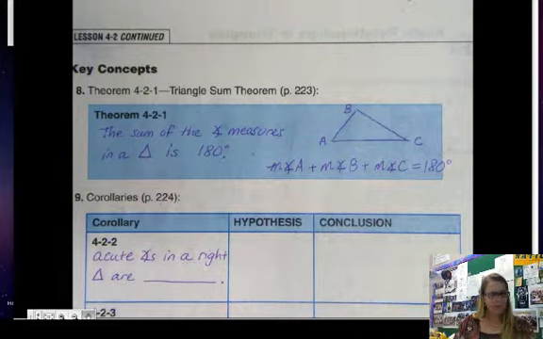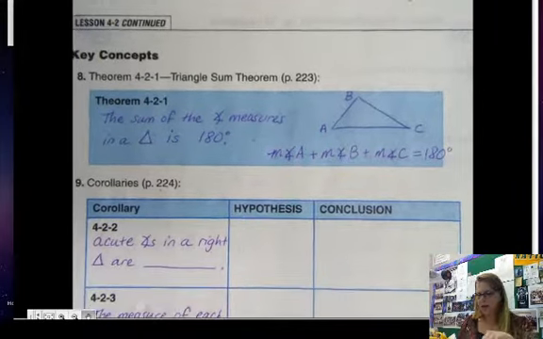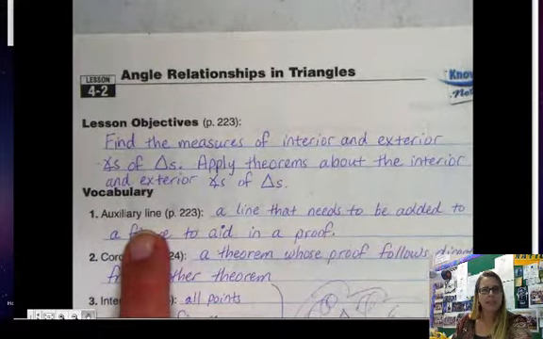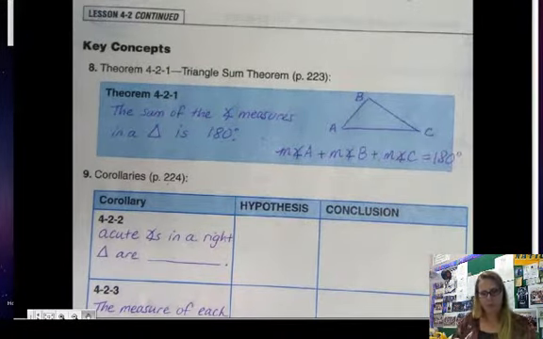And there's a beautiful proof of the triangle sum theorem in your book on page 223. And it takes into account using the auxiliary line that I mentioned earlier. So let me show you this proof really quick.